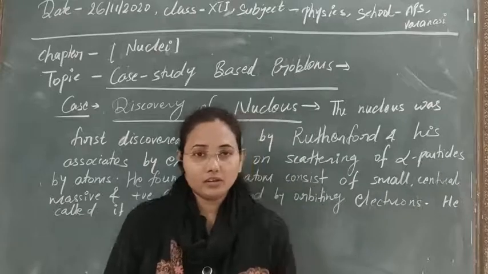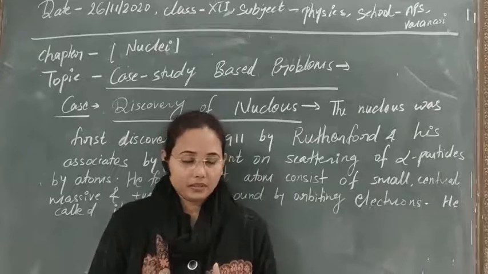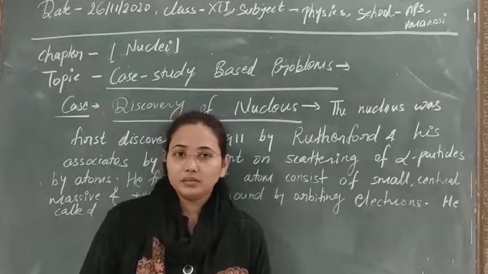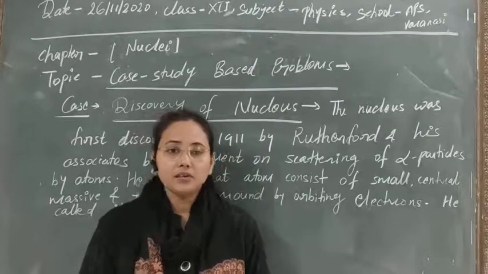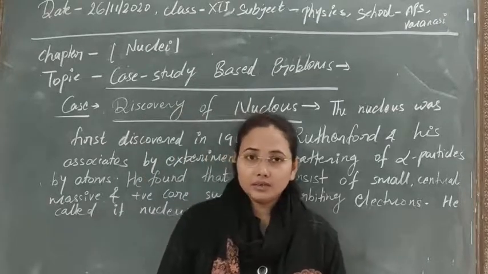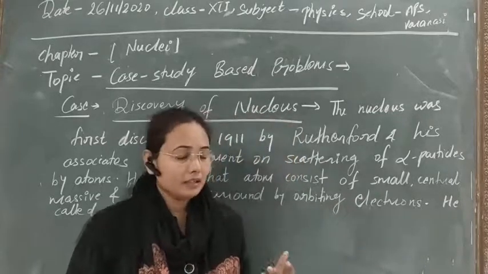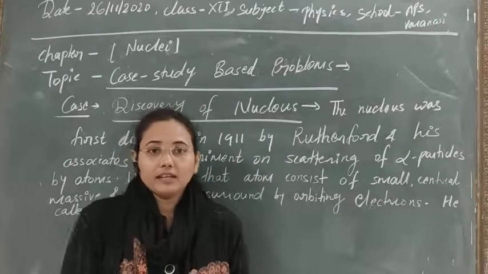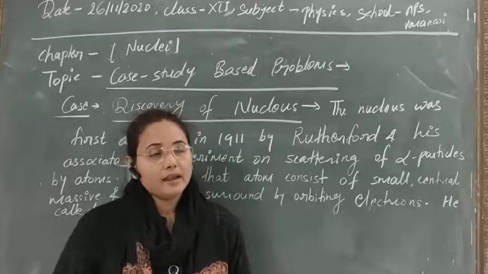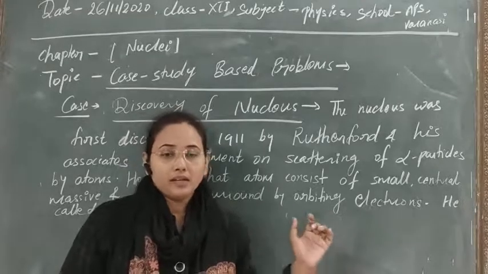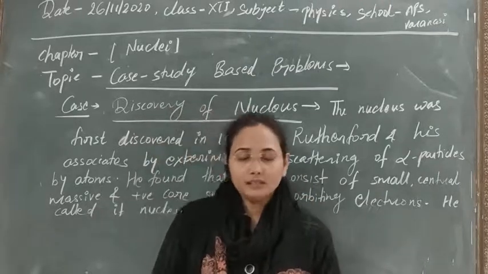In the case of the Rutherford model, as you know, he performed a scattering experiment of alpha particles from atoms. From the result of the experiment, he concluded that in atoms there is a very small, very tiny space in which most of the mass of the atom is concentrated, and he gave it the name nucleus. In this way the nucleus was discovered by Rutherford.